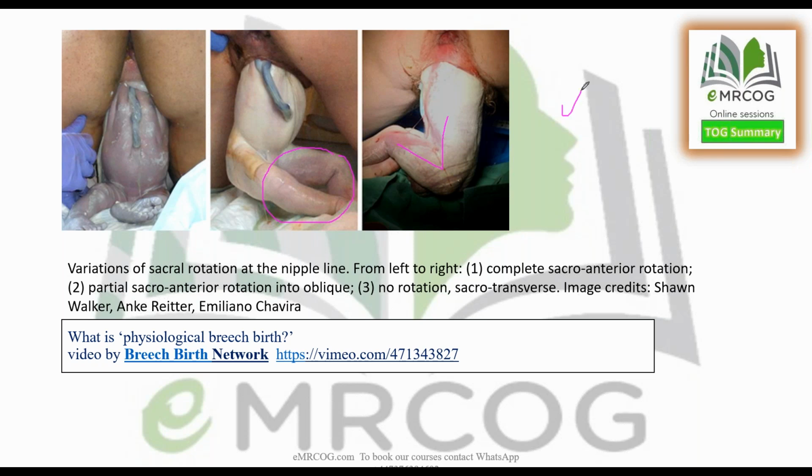Flexion is good. So I need you to remember: sacro-anterior is good, flexion is good. When the rotation of the baby to the sacro-anterior position fails, I anticipate difficulty in the delivery, so I offer help. When there is a problem in the flexion, when the baby is not flexed during the delivery, I anticipate this is going to cause a problem, because it means the head is not flexed.